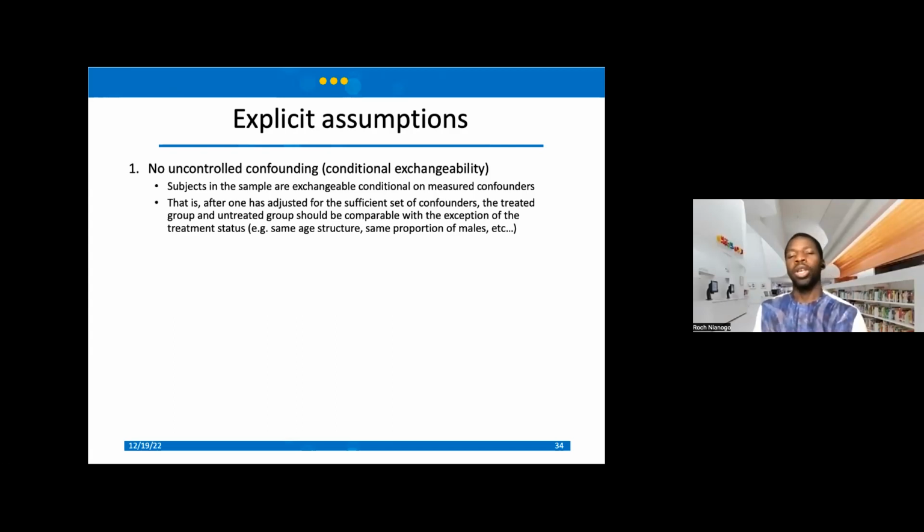So basically, we should be able to take two individuals, one treated and one untreated, and within that sample, if you look at the average age among those who have the intervention and the average age among those who do not have the treatment, they should be roughly equal.